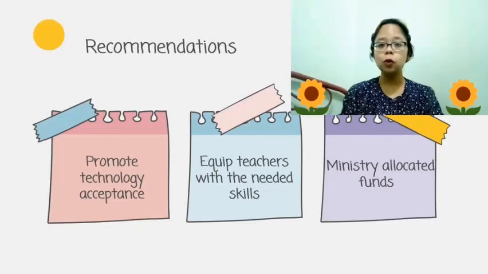Lastly is to use the government allocated funds for some much needed school upgrades. Looking at the Belanjawan 2020 and 2021, I can see how the government is trying to aid schools in Malaysia.